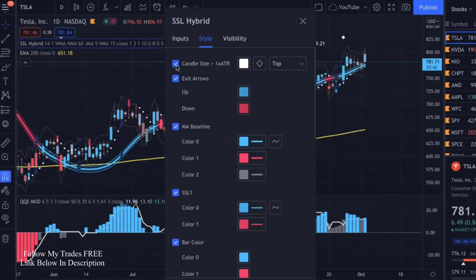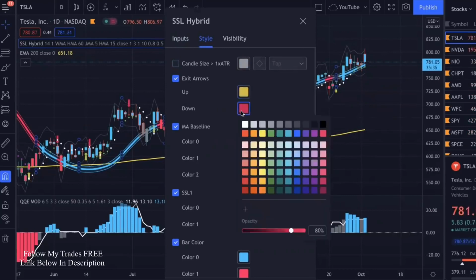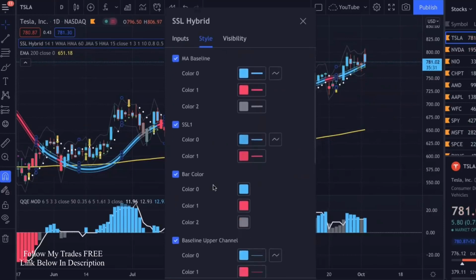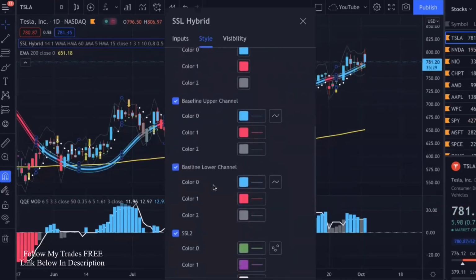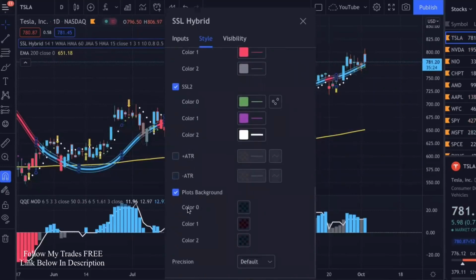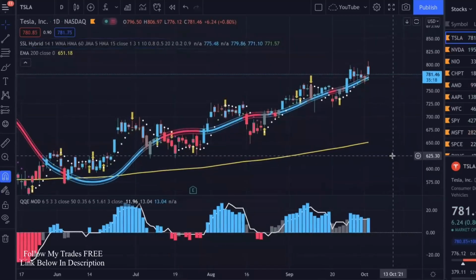We're going to get rid of this. I'm going to make the exit arrows also yellow so they stand out a little bit more. Same thing going up and down. And then we're going to take this off, that off. Everything else remains the same. Much better looking chart, don't you think? Much easier to read.